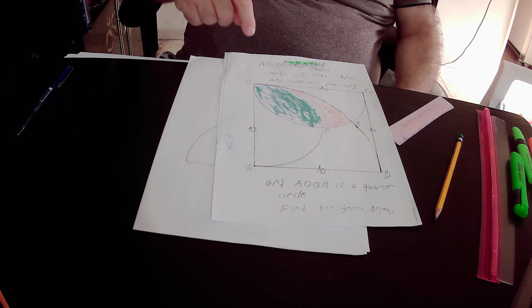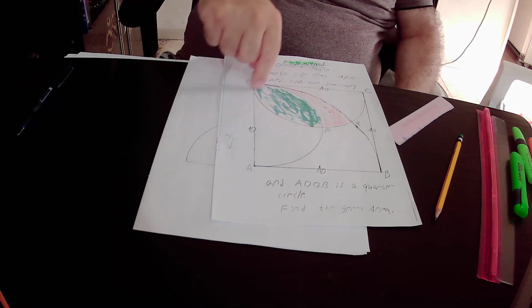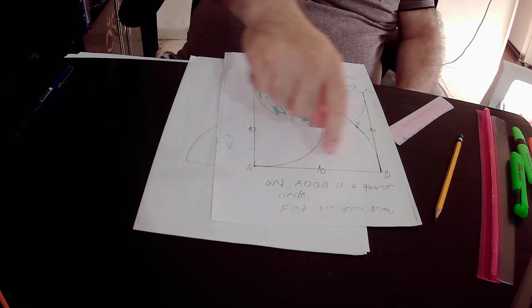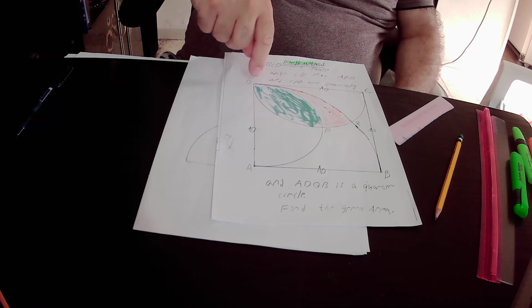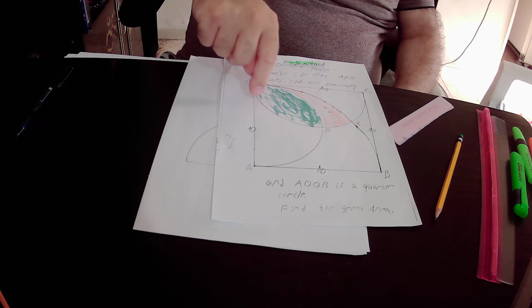Then we'll use the same formula in order to find the area of the big lens, and the big lens was created by the quarter circle that is also perpendicular to this semicircle.